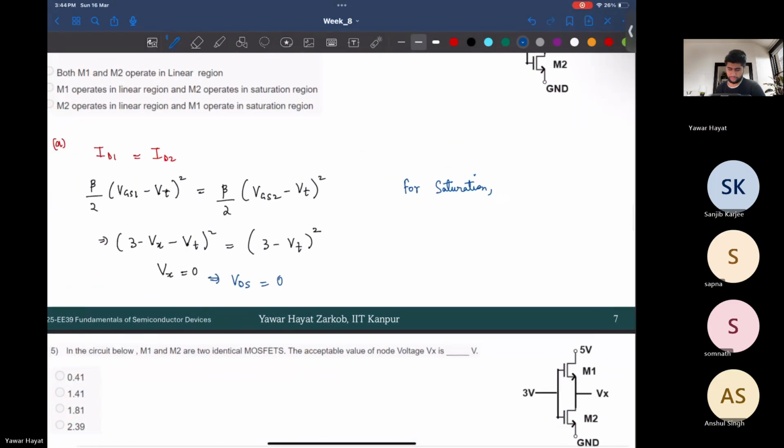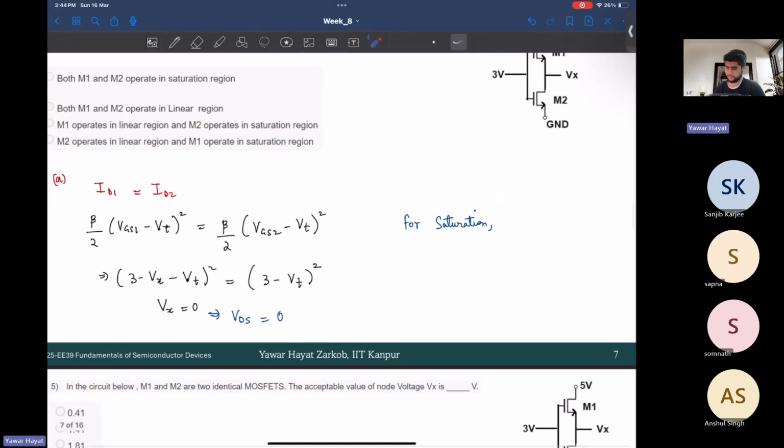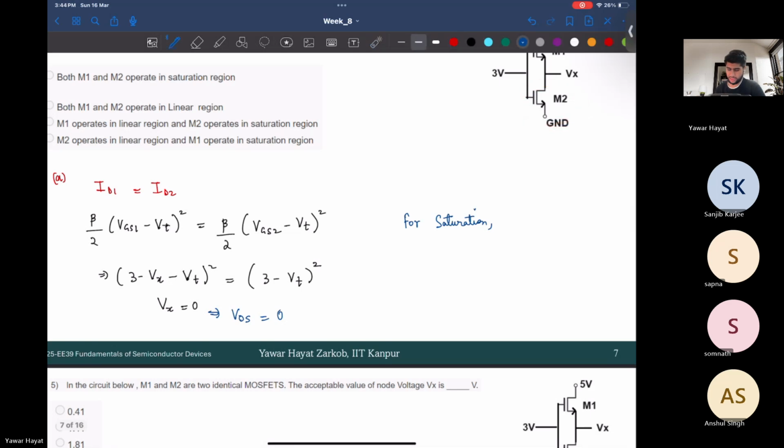So for this M2, we can write VDS2 should be greater than VGS2 minus VT. And this is violated, right?